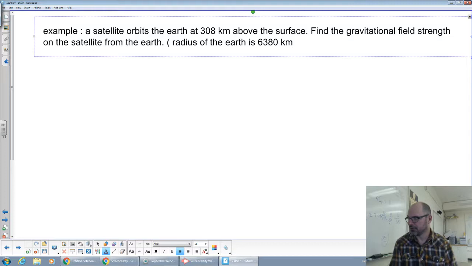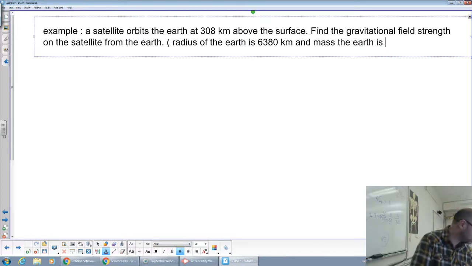Put it in kilometers. And the mass of the Earth is 5.97 times 10 to the 24 kilograms.